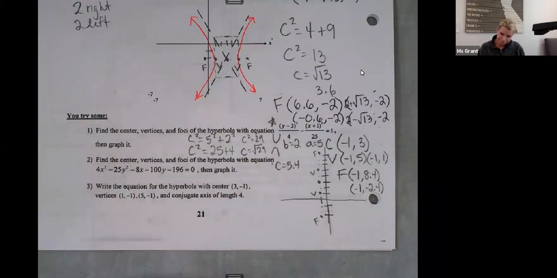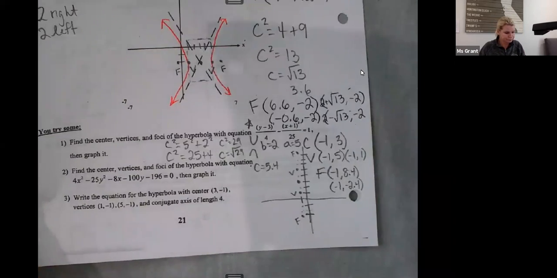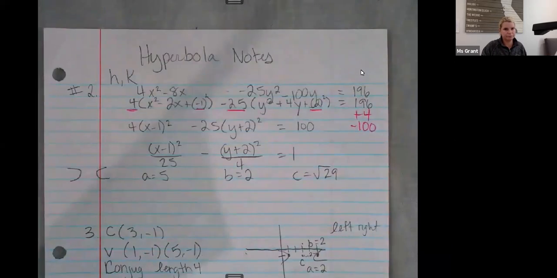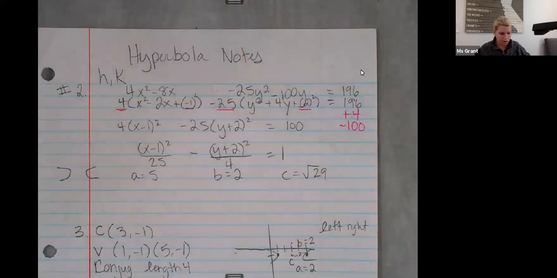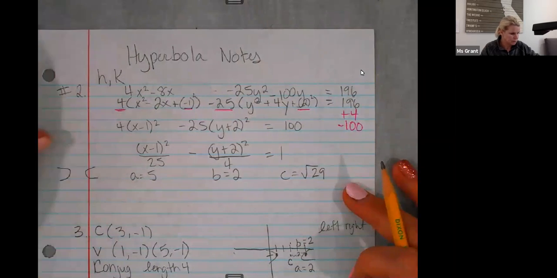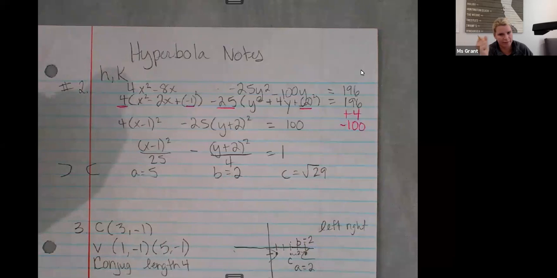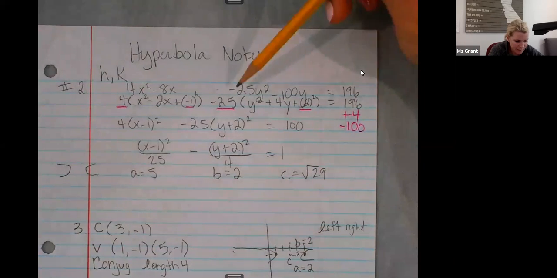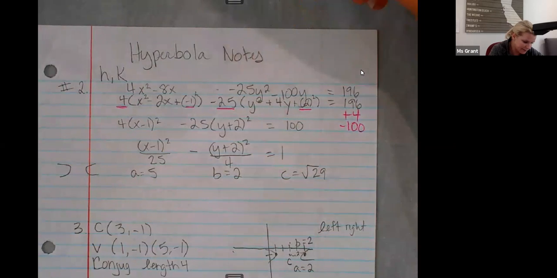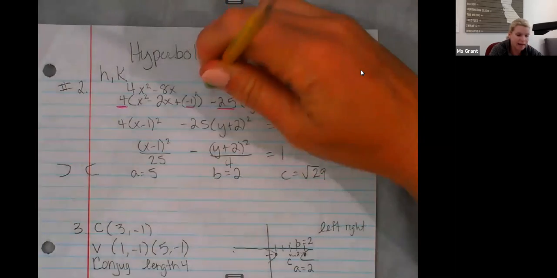Well, number 2. I wrote it out on a separate sheet of paper and I wanted to just show you guys. I had to get the x's together and the y's together. Because my y squared was a negative 25, that negative is my giveaway. This is a hyperbola.